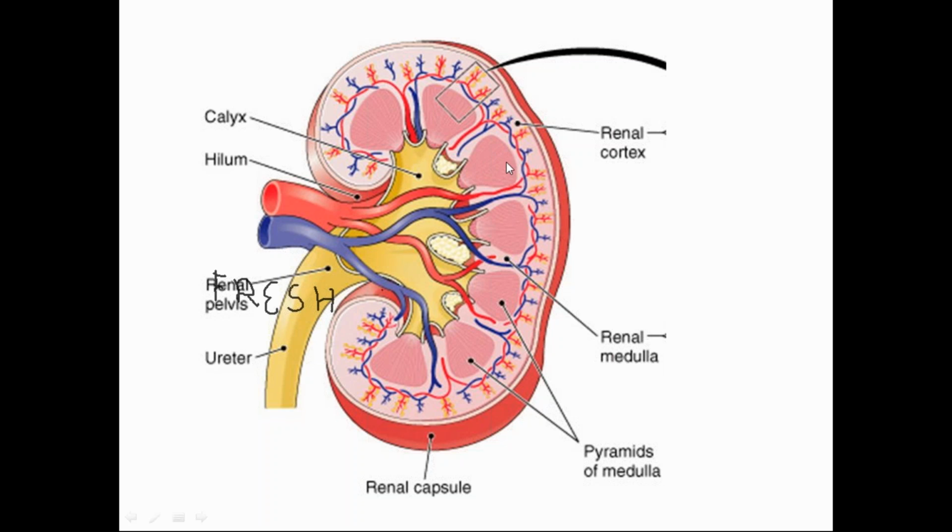These lines are the collection of collecting ducts. The nephrons are mostly located in the cortex: 80% are located in the cortex, 20% in these areas we call the Bertin columns. We don't want to mention that at this moment.